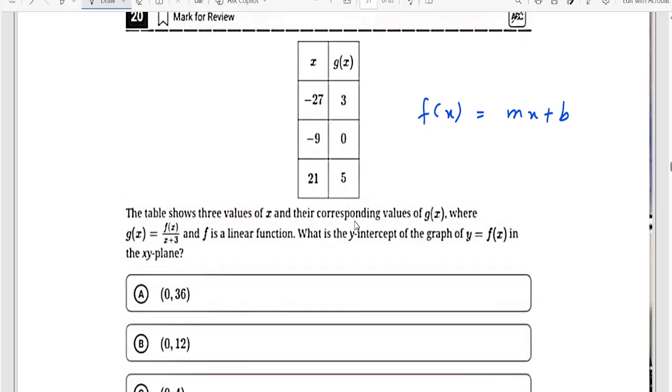Now g(x) is given as f(x) over x plus 3. This is the relation.